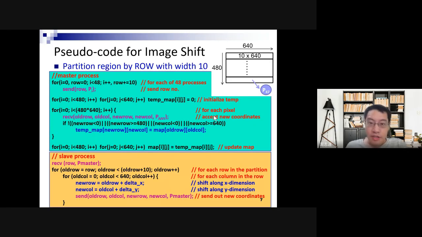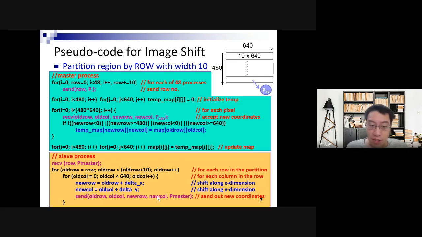So let's see an example. Usually we will not schedule one pixel as an individual task. So in this example, we partition the computation by row. Since you have completed homework 1 using MPI, you can see the pseudocode we have here is a parallel program following the MPI programming model.